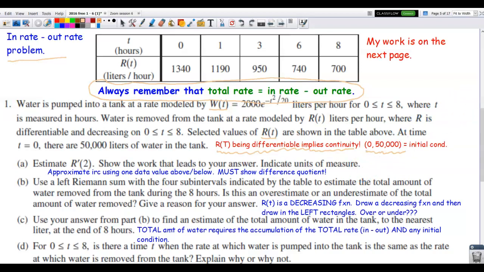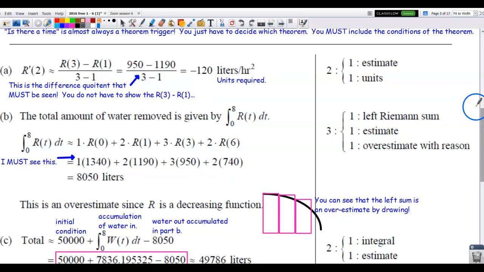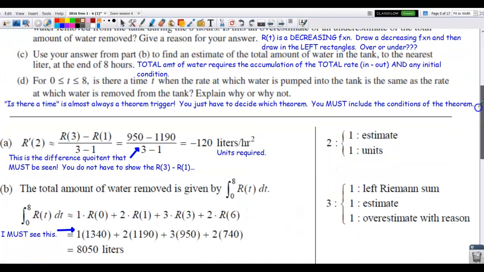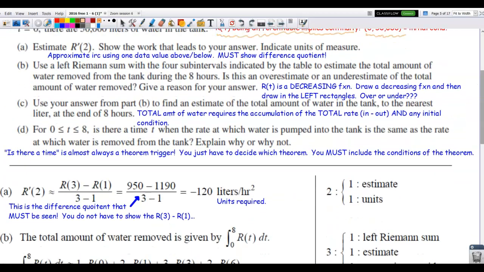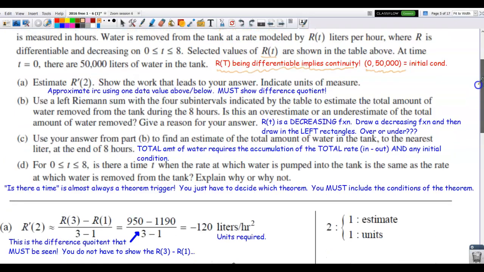Letter A. In letter A, they are asking us to estimate R prime of 2 and show the work that leads to your answer, and you need to indicate units of measure.